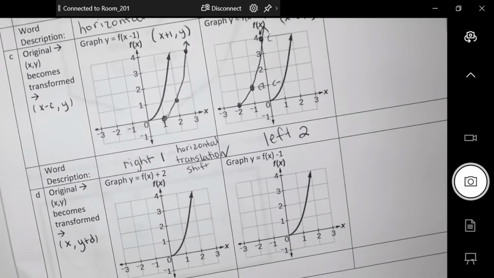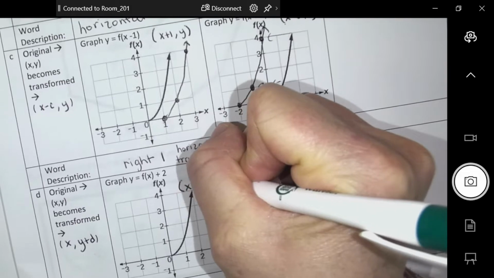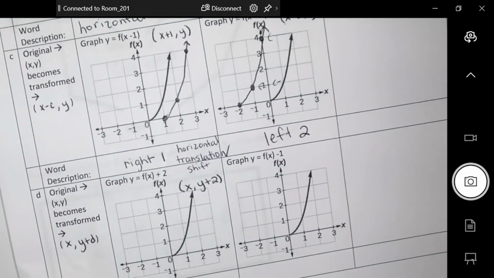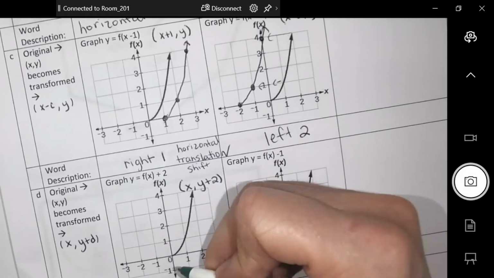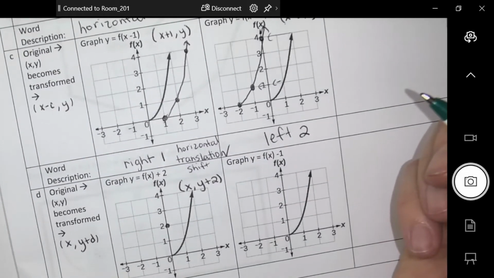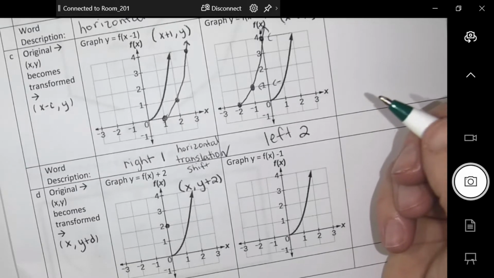All right. So this one would look like this: (X, Y plus 2). So all the Y's, you're going to add 2 to the Y. So (0, 0) becomes (0, 2). (1, 1) would become (1, 3).